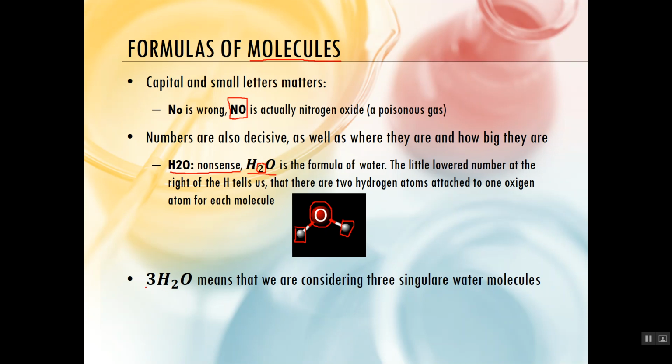If you write a number before, like this, then you write it in the same size as the big letters. That means we are considering three singular water molecules which may participate in a reaction.